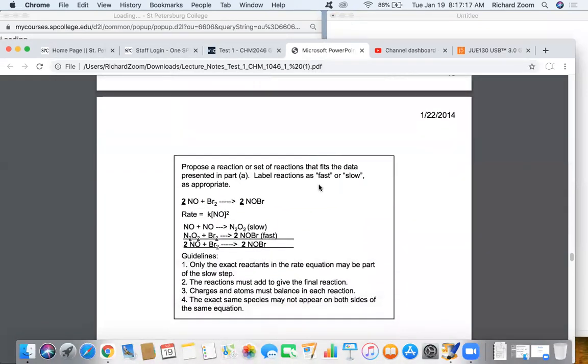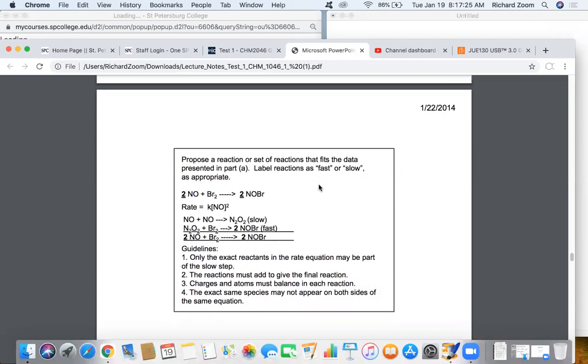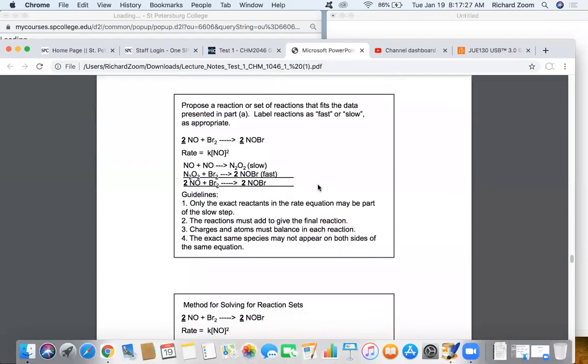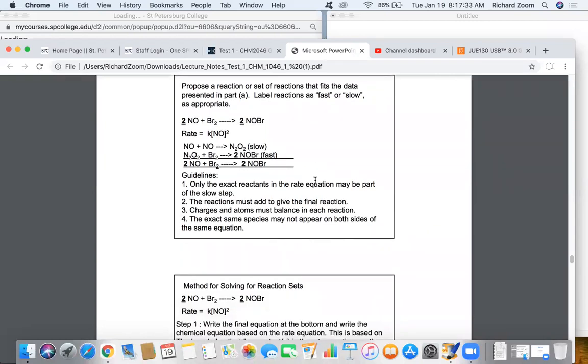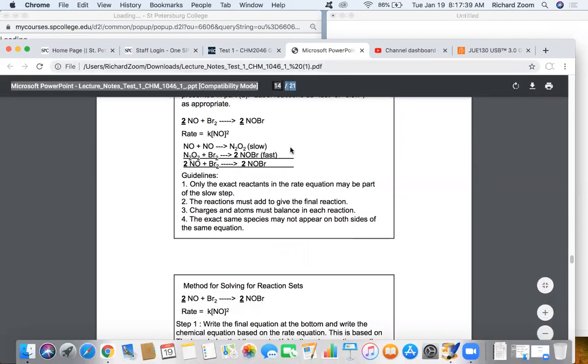Propose a reaction or set of reactions that fits the data presented in part A. Label reactions as fast or slow. So this is the hard part of doing this. These are the guidelines that we're going to use in order to come up with the reactions involved in these different steps. The first thing, and this is the most important thing, is that only the exact reactants in the rate equation may be in the slow step.